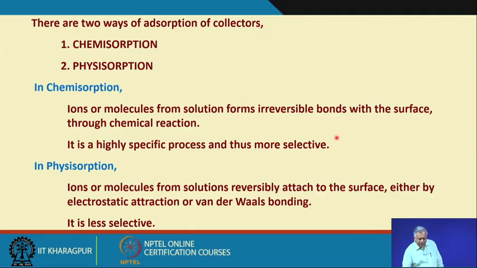So, the first one is the irreversible bond; this is a reversible bond attached to the surface either by electrostatic attraction or van der Waals bonding. That means you can detach or dislodge this bond by applying some other physical forces, and that is why it is less selective.